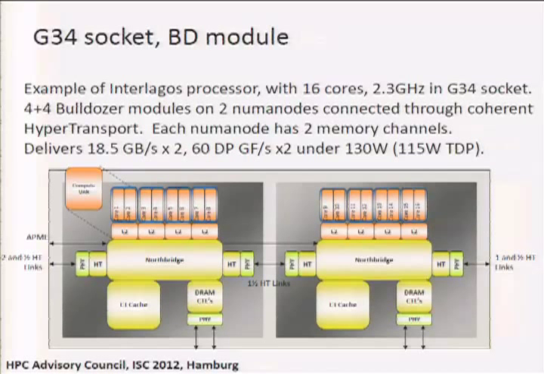That's the number that AMD would give you, but 130 is the number that you would get at most when you're actually running LINPACK. When you're running regular applications, it will only get 115 watts, but when you're running LINPACK, it's going to consume up to 130 watts. And I'll explain also why you get 130 rather than 115.